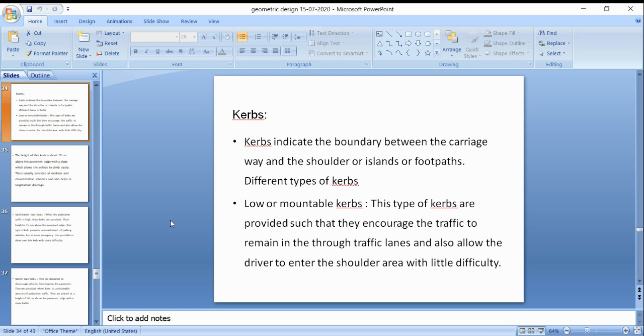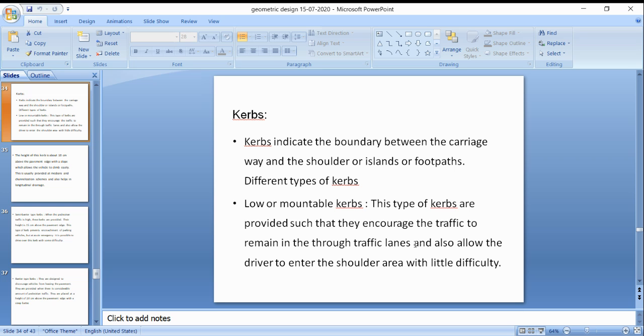This type of curb is provided such that it encourages the traffic to remain in the through traffic lanes and also allows the driver to enter the shoulder area when needed.